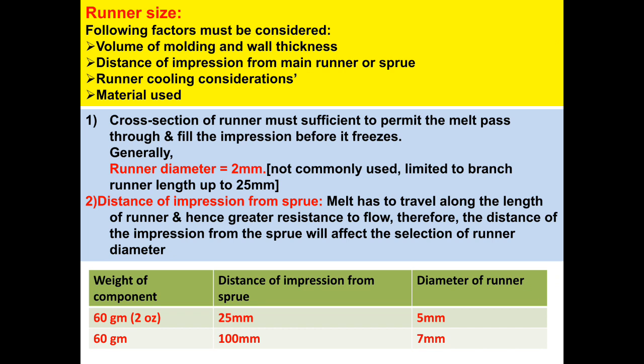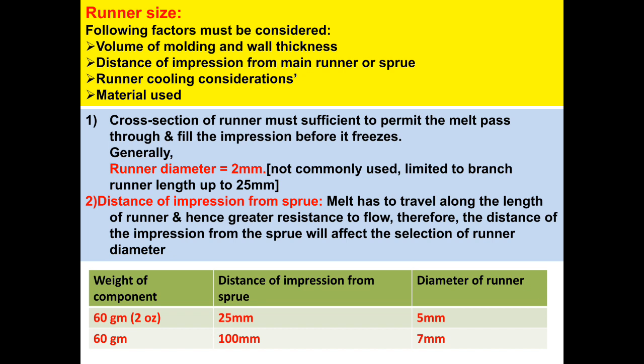Second, the distance of the impression from the sprue. You can observe the table; it depends on the material. Weight of the component 60 gram, distance of the impression from the sprue, and diameter of the runner.